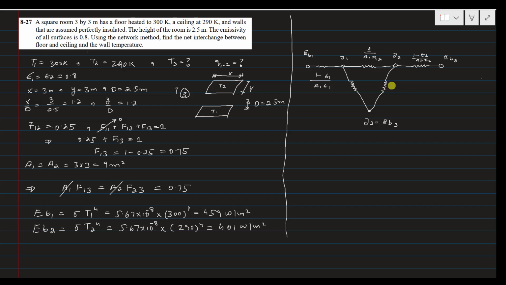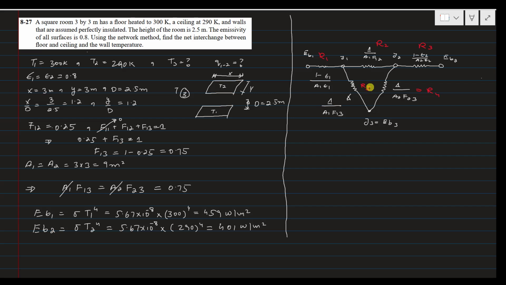This resistance is equal to 1 divided by A2 F2 3, and this resistance is equal to 1 divided by A1 F13. F13 and F23 are equal to each other because of the reciprocity theorem. So let's say this is resistance R1, this is R2, this is R3, R4, and this is R5.